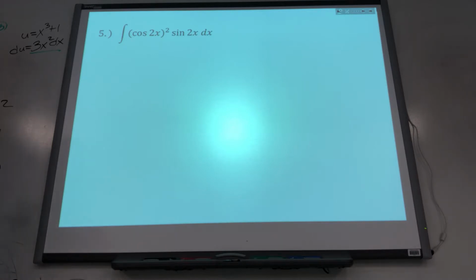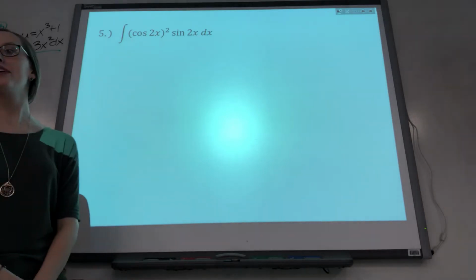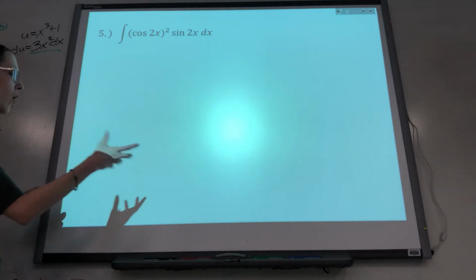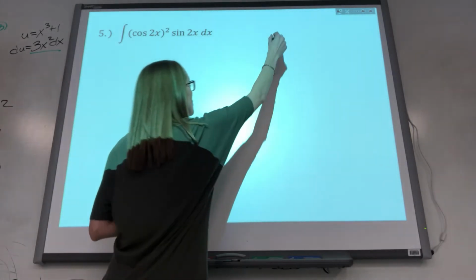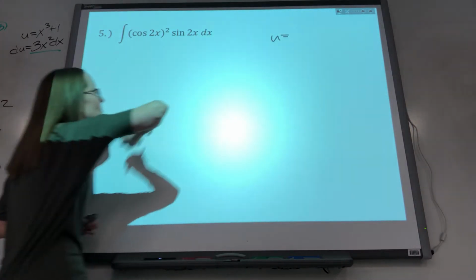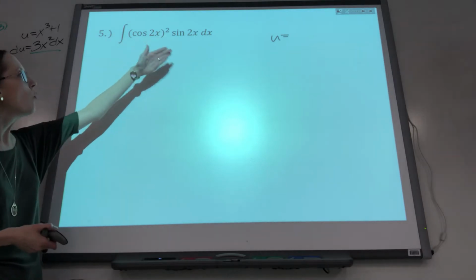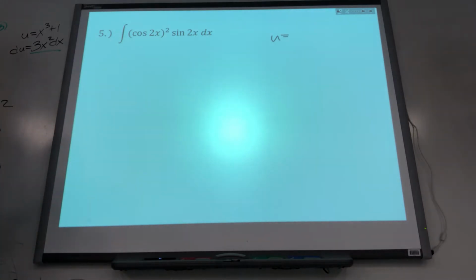All right. Now here again, it's not really set up like the first 3 problems. I know I'm going to need some u substitution because I see trig functions of something other than x, but now I have to decide what I should let u equal.